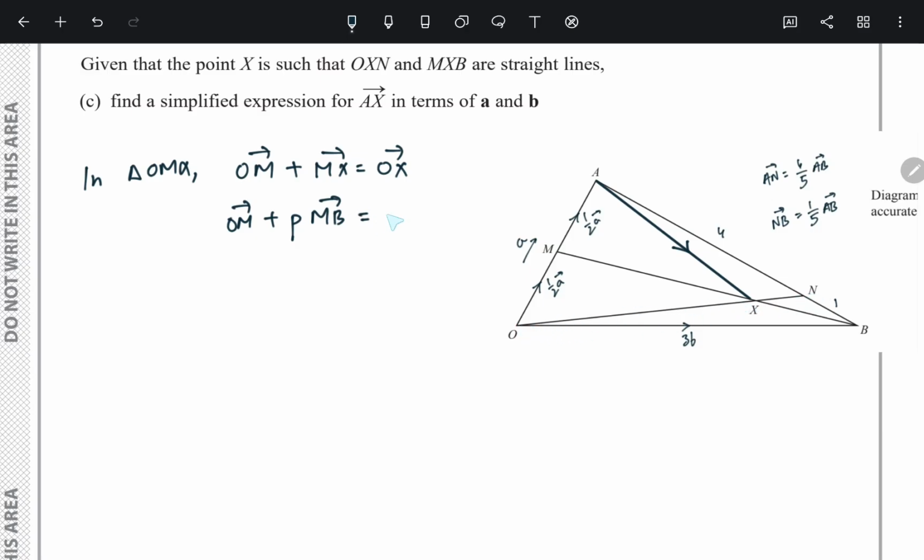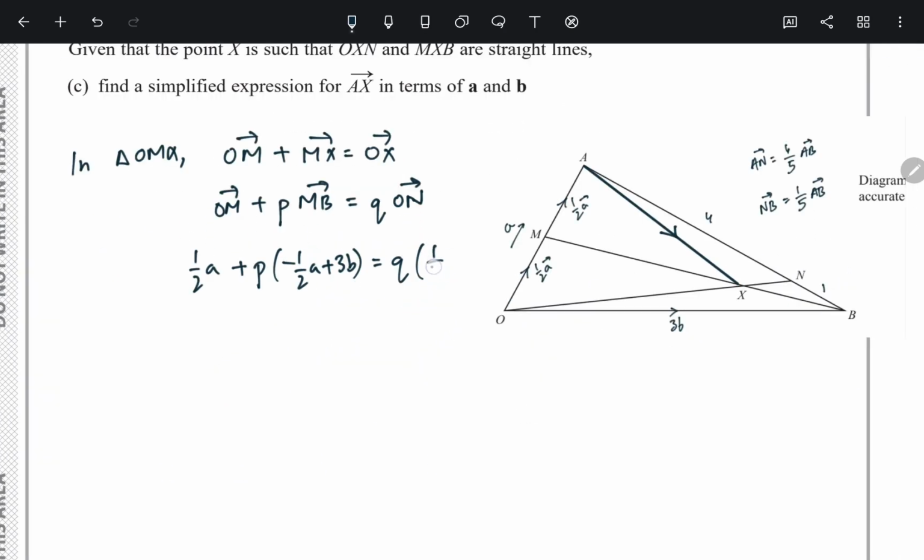So OX can be written as some multiple Q of ON. OM is half A plus MB was minus half A plus 3B, and Q times ON was found to be 1 by 5 A plus 12 by 5 B.